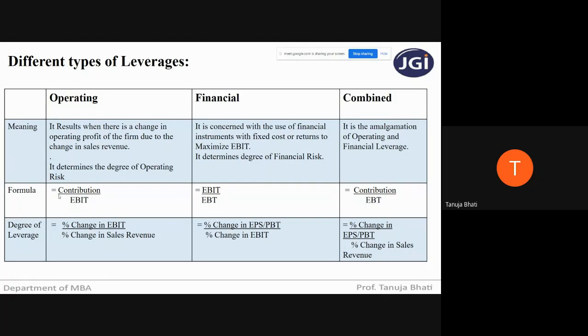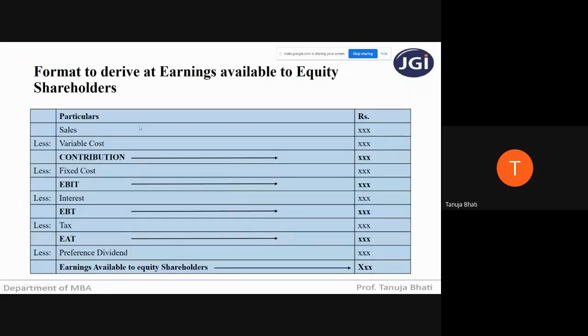So what is the formula, students? Contribution divided by EBIT. As I told you, operating leverage is only between the operating profit change and the change in the sales. Because of the change in the sales, there will be a change in the earnings. So your formula is very simple to remember: contribution divided by EBIT.